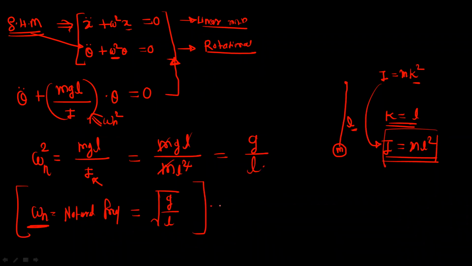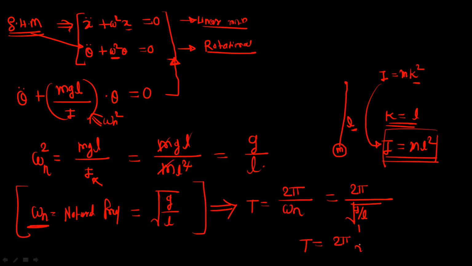From this, we can find out its time period. So T is equal to 2 pi upon omega n. Okay. So it will become 2 pi upon square root g upon l, and in the numerator, we will get T is equal to 2 pi square root l upon g.